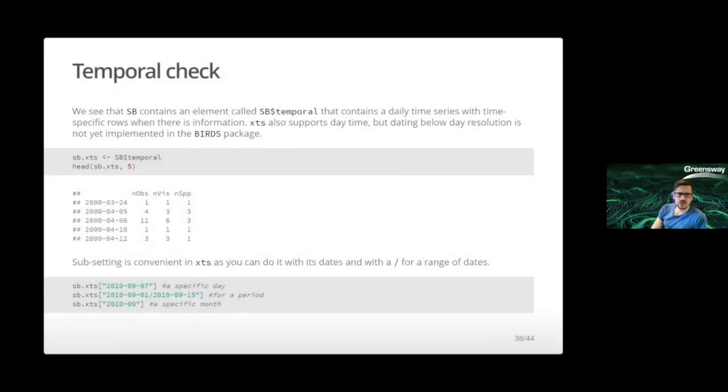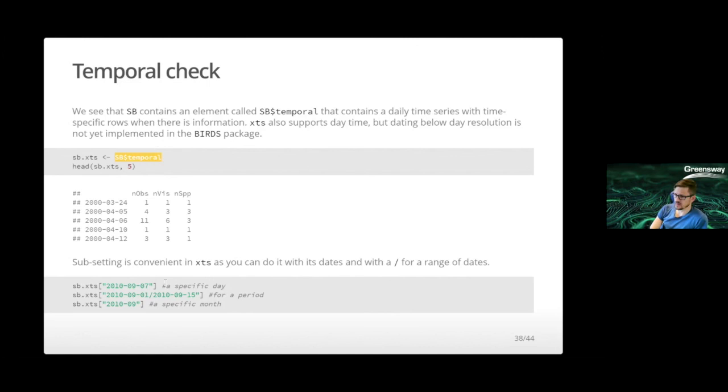You can also explore quickly the temporal dimension, for which you will have a daily summary. If you query from the SB element that you created, the temporal element, you will get a data set in XTS format, a particular format for time series, and you will have the number of observations, number of visits, and number of species per day.